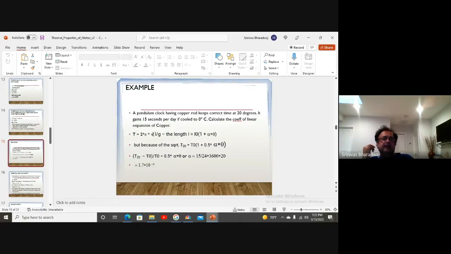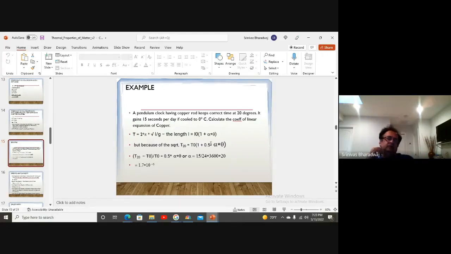And therefore you will end up with this 0.5 on the right hand side. So T naught will have 0.5 times alpha times delta theta, because the length expansion is linearly proportional to temperature change.